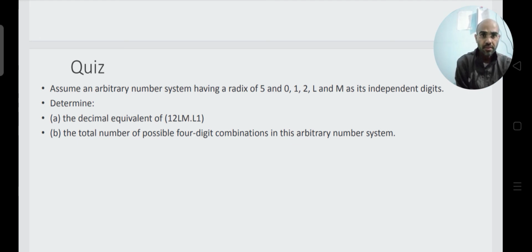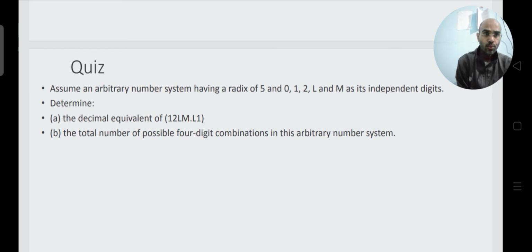Determine the decimal equivalent of 12LM.L1. Part B of the quiz is: find the total number of possible 4-digit combinations in this arbitrary number system.